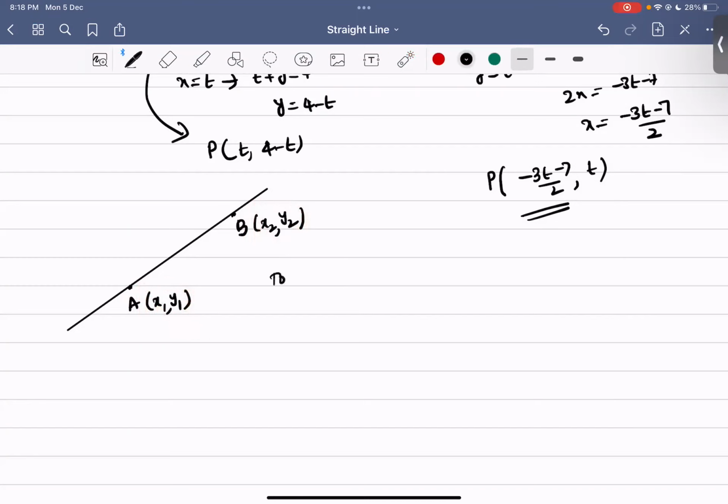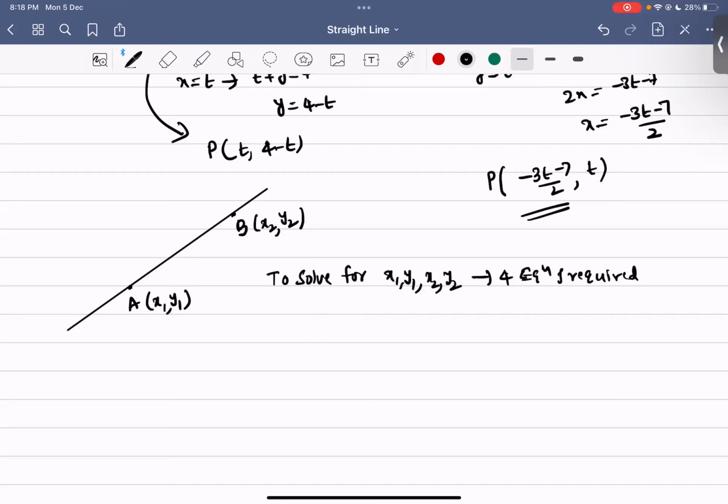To solve for x1 y1 x2 y2, how many equations do we require? 4 equations required.